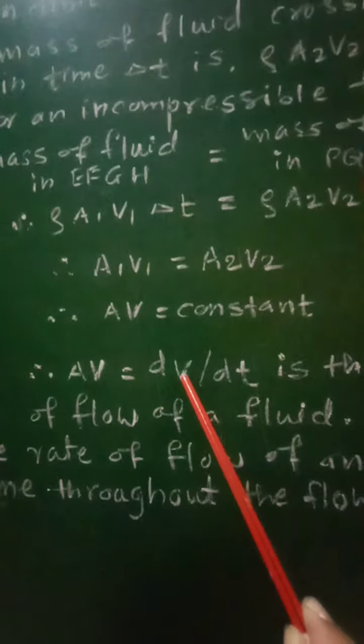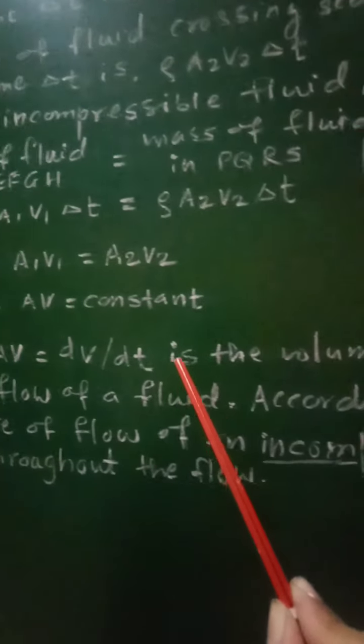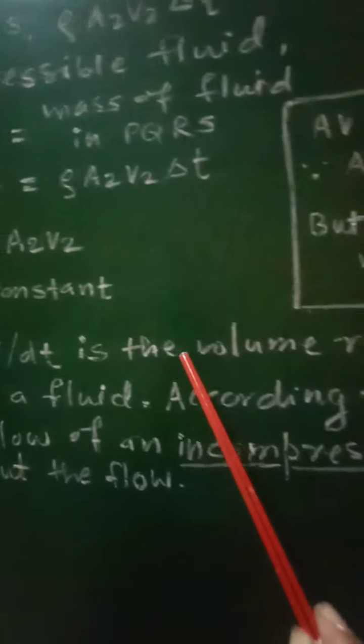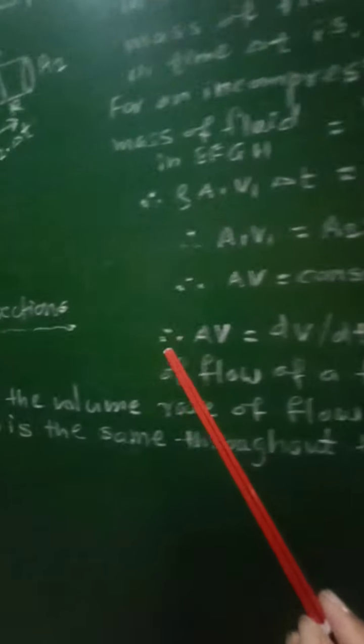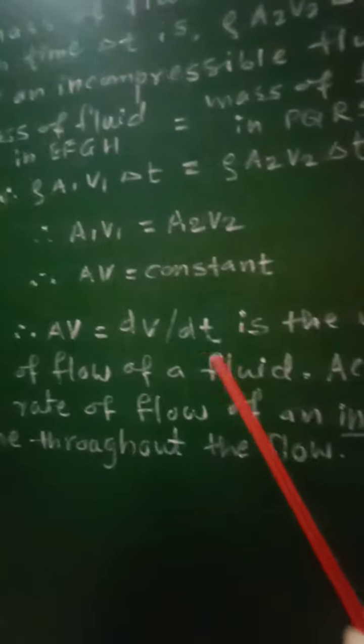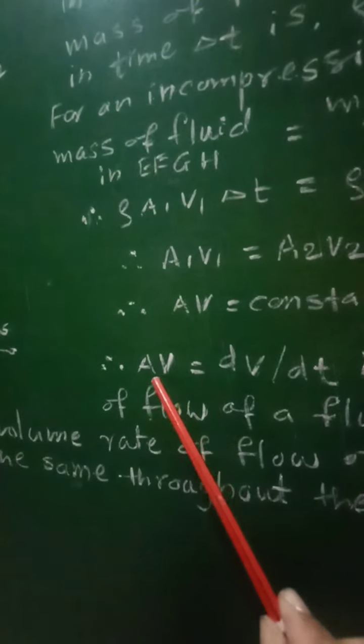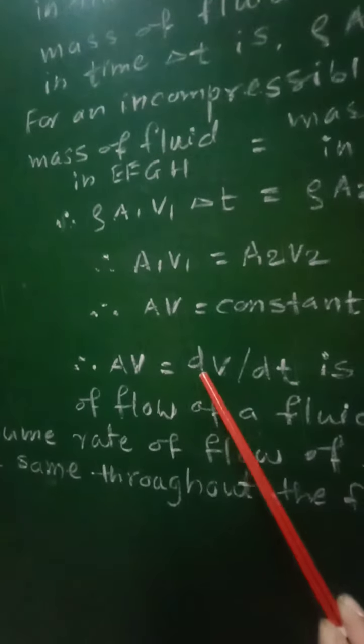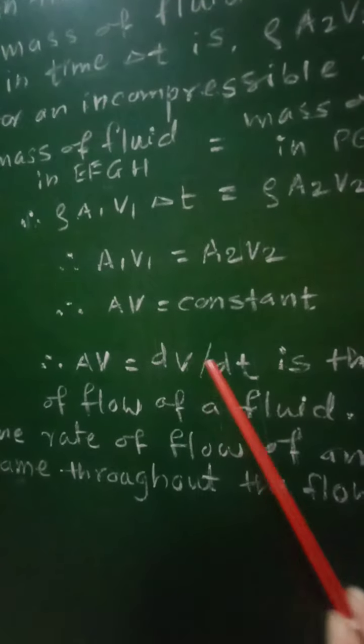Here V will represent volume, and this term is called the volume rate of flow of a fluid. Now here the product is area into velocity, and that is equal to the rate of change of volume.